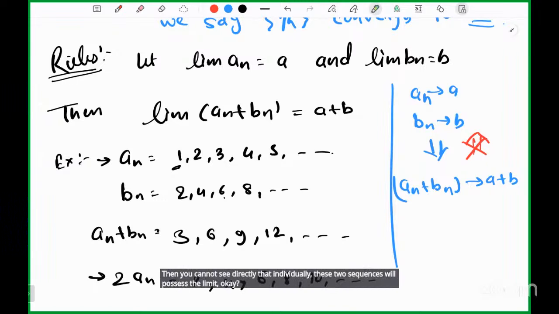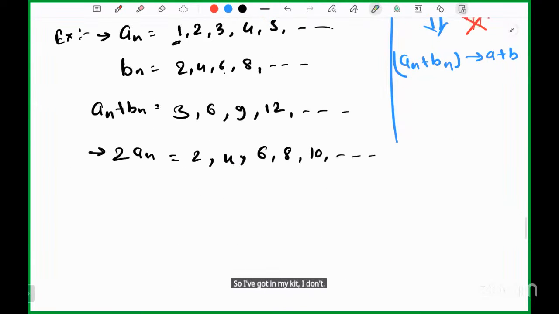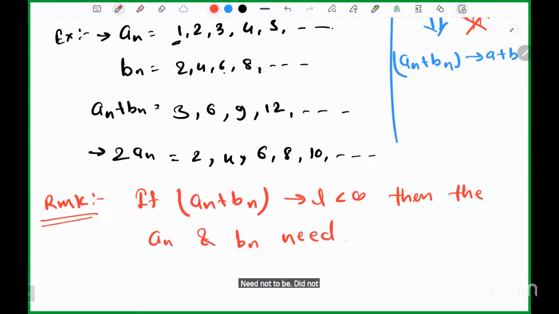Okay. So I'll make a remark here. Write down. Remark: if an plus bn goes to L, some finite value, then the individual sequences an and bn need not have a limit.